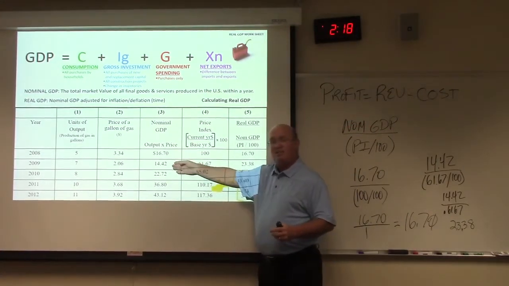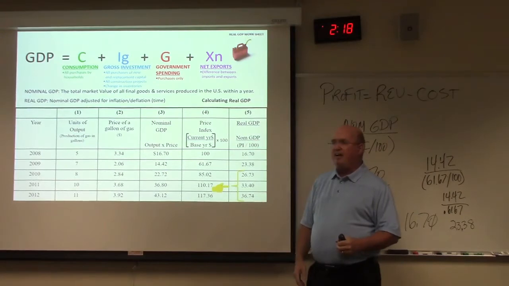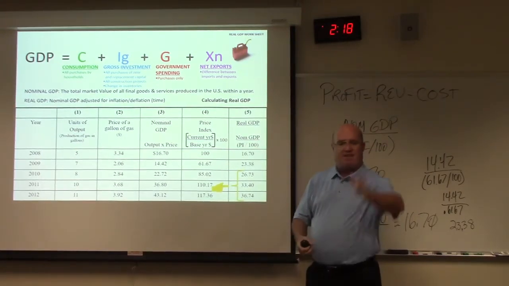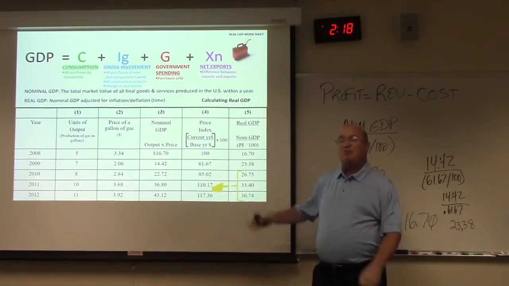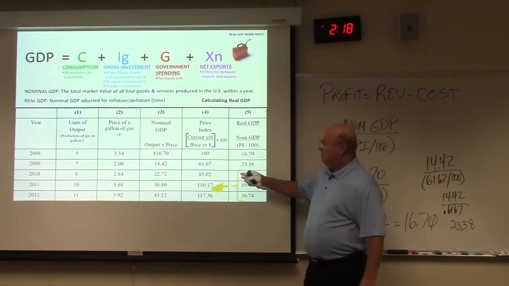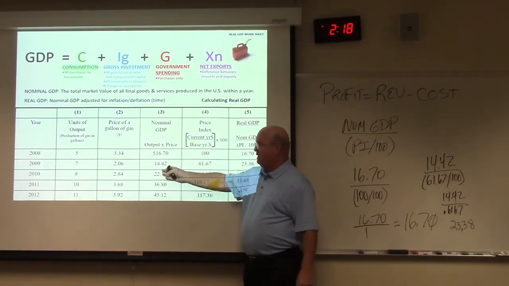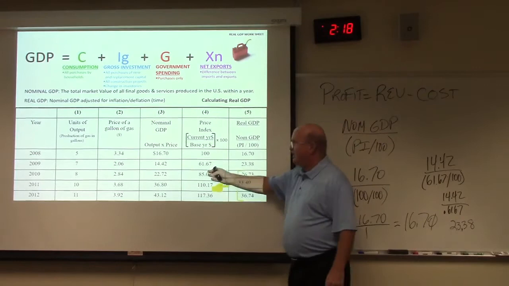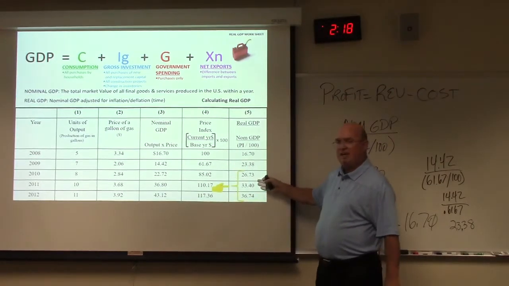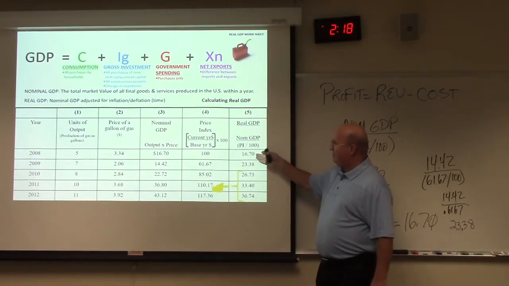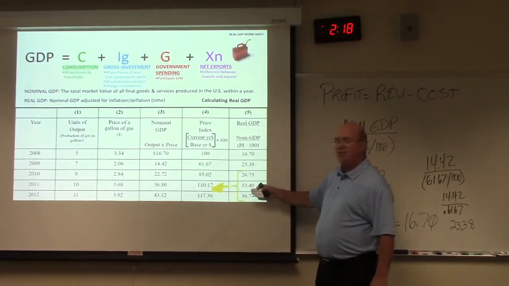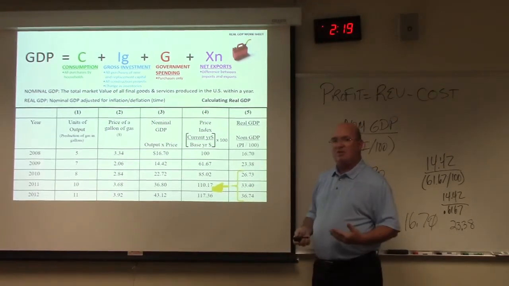You think you're going this slow. You hit that accelerator and you come to the next curve and all of a sudden, right off the cliff. That's what could happen to our economy. So that's why you can't use nominal GDP. You have to use the price index to convert it to real GDP. So now we can compare this year to this year and this year and this year and so forth.